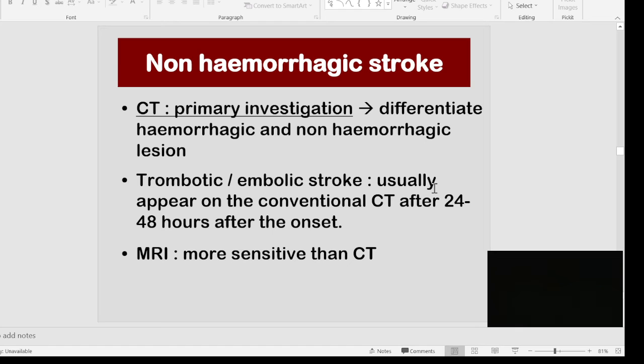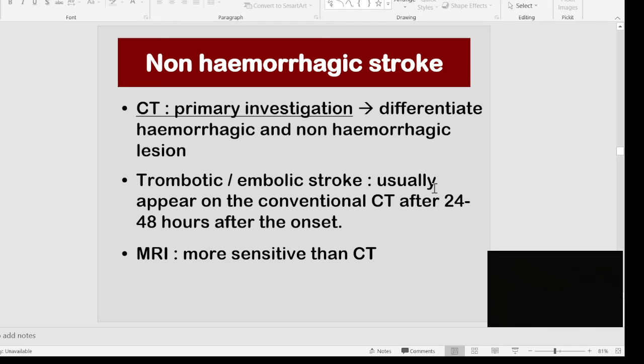But in thrombotic and embolic stroke, usually it appears 24 to 48 hours after the onset. Then you can see it here. In MRI, it would take 72 hours before you could see the thrombotic or the embolic, the thrombus or the embolus, or the area where it is blocked.